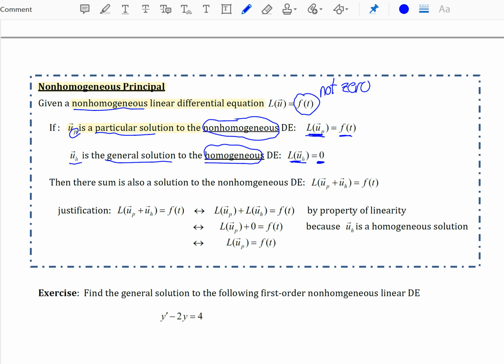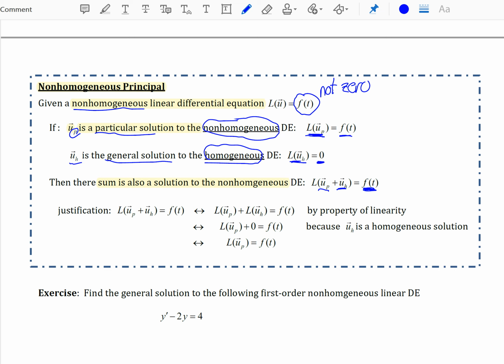So the non-homogeneous principle says the sum is also a solution to the non-homogeneous DE. Meaning if you add UP and UH together, this is still a solution to the non-homogeneous DE, meaning you will still get f of t back.